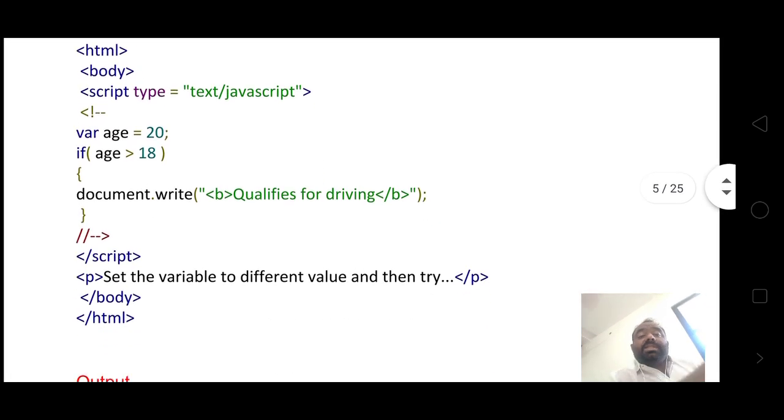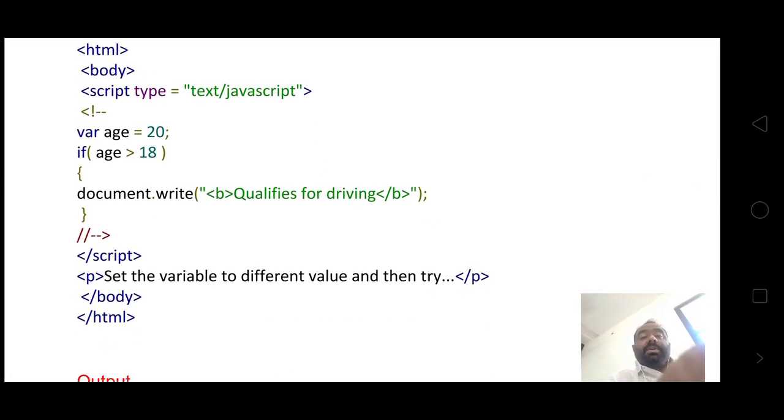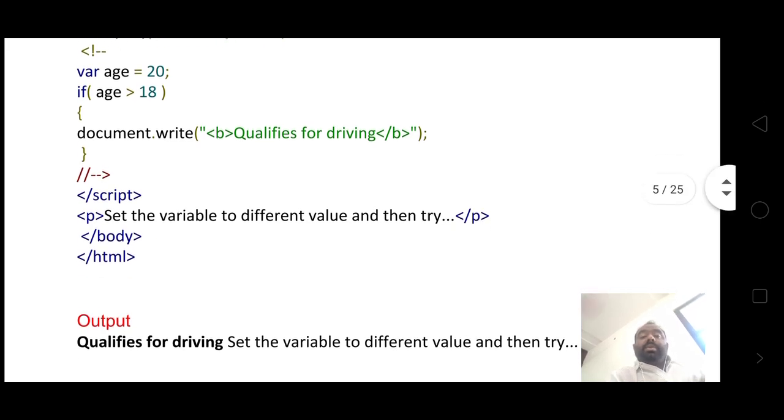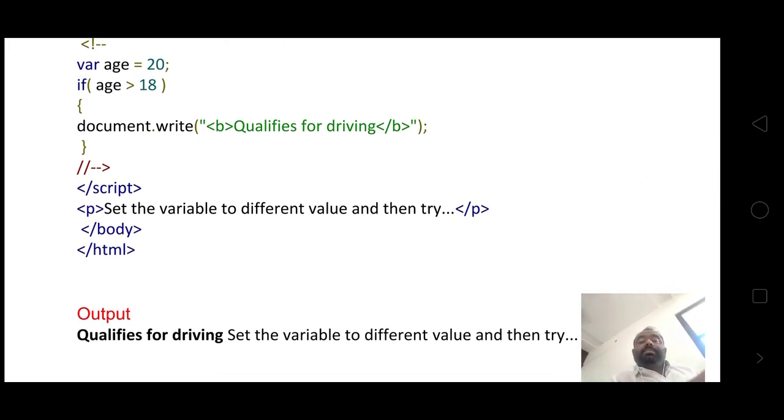Here is an example for the if statement. HTML, body, script type text/javascript, where a is equal to 20. If a is greater than 18, open bracket, document.write: "Qualifies for driving".